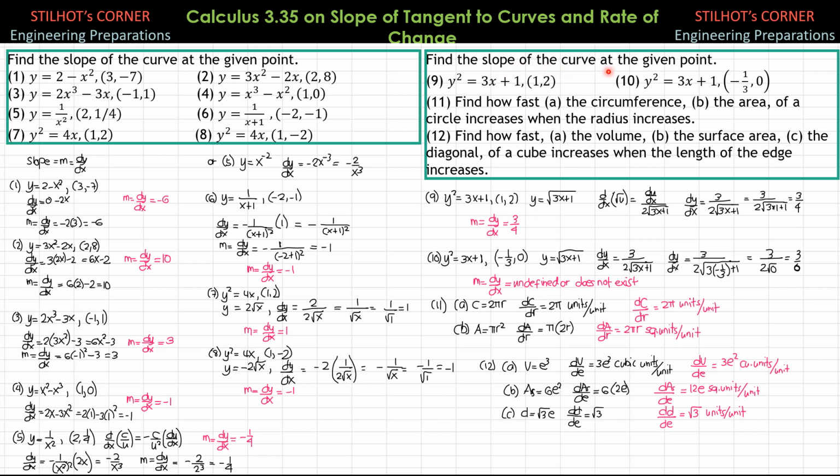Then find the slope of the curve at the given point, 9, y square equals 3x plus 1 at (1, 2). Again, this is a parabola open to the right. This time the vertex is at negative 1/3. If you transform this to the standard form for those who are familiar with the standard equations of parabola.